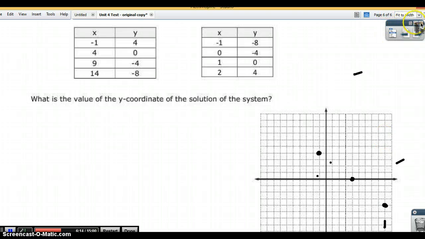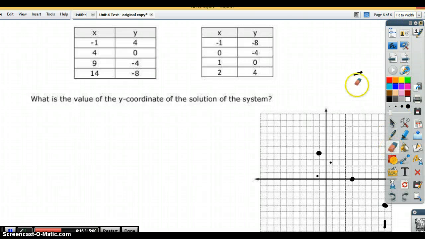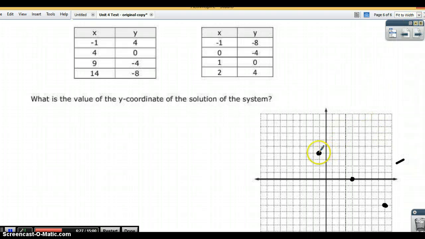Let me clean that up a little bit. I don't know what's going on with my board today. So that goes away, that goes away, that goes away. Alright, so then you want to make as good of a line as possible, and you end up with that.